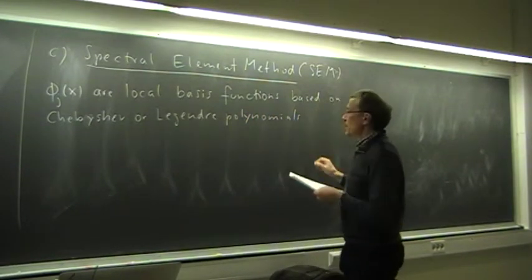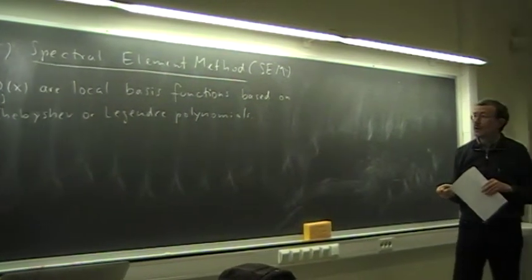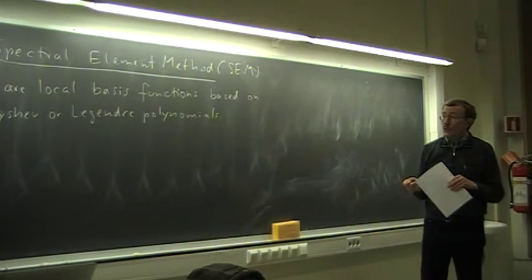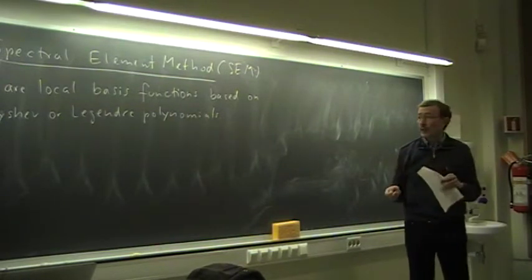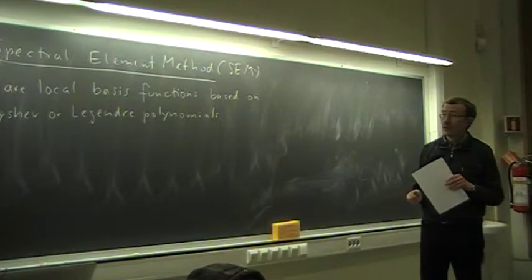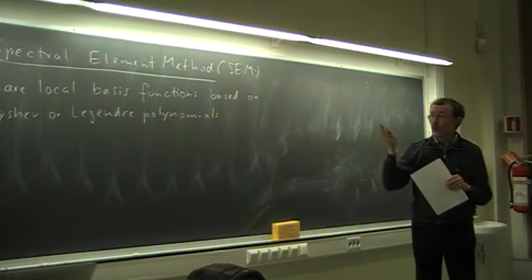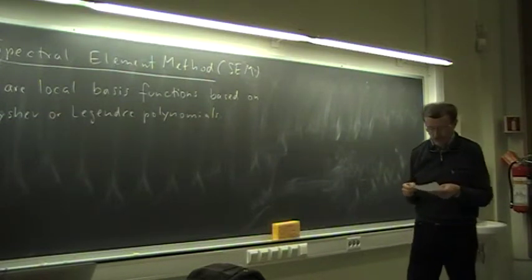So that is, you could say, a combination of the flexibility regarding geometry of the finite element method, also regarding boundary conditions, and the good features regarding accuracy from taking the local basis functions to be orthogonal polynomials.